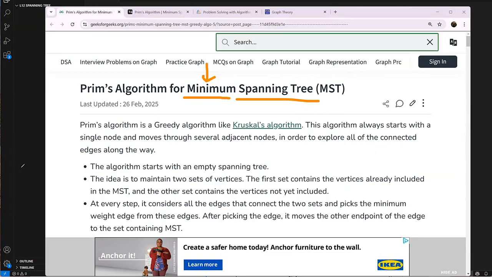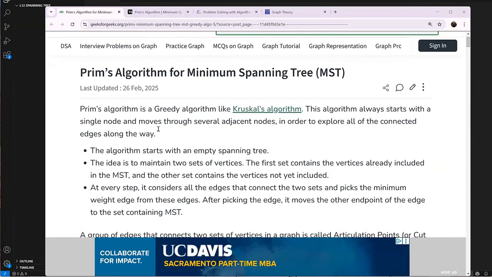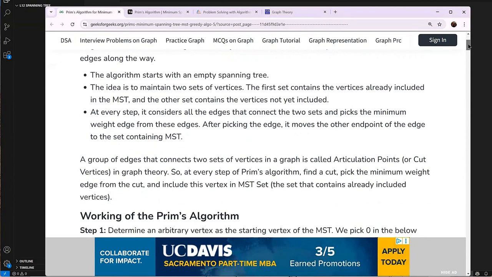Sometimes you need to solve such a problem. There is an algorithm called Prim's algorithm. Initially, you start with an empty spanning tree. The idea is that you divide the vertices into two sets. The first set contains the vertices that have already been included.